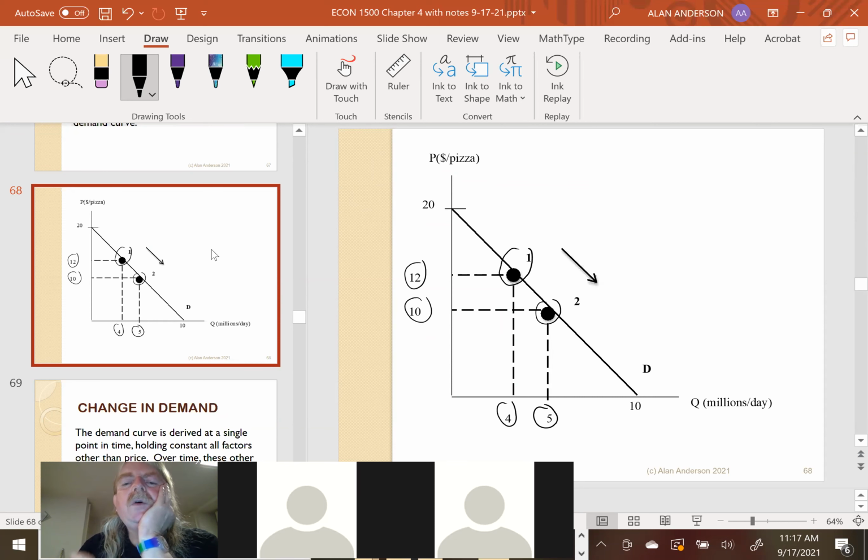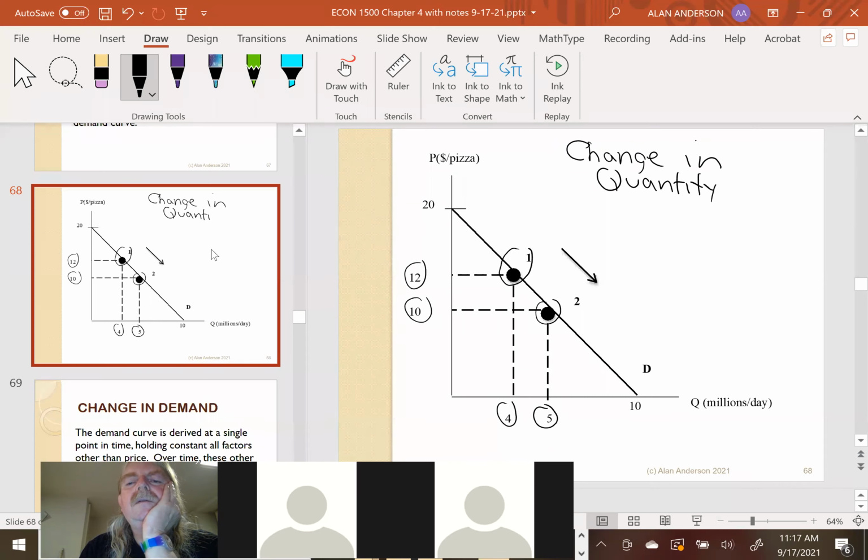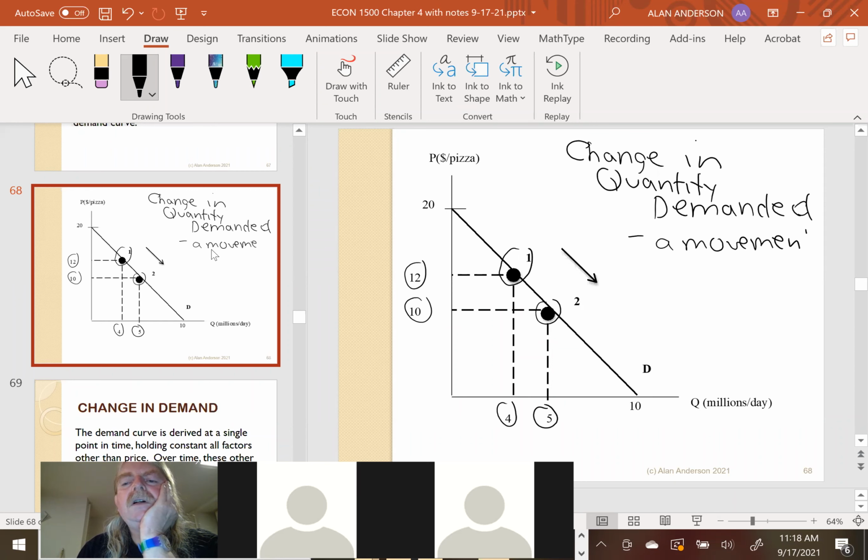So what we would call this is a change in quantity demanded, and that is represented by a movement along the demand curve.